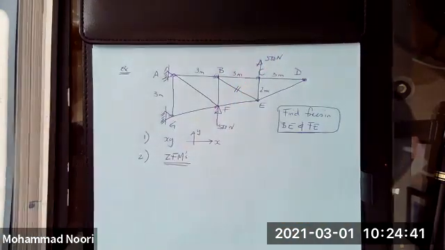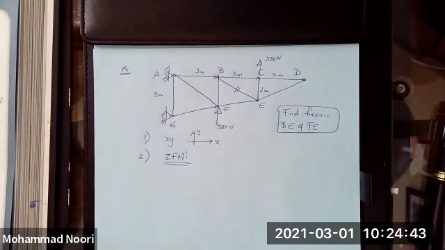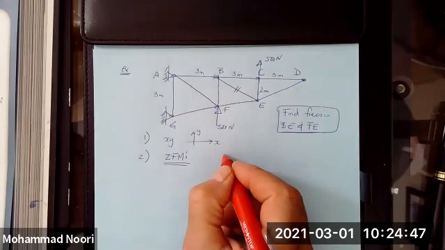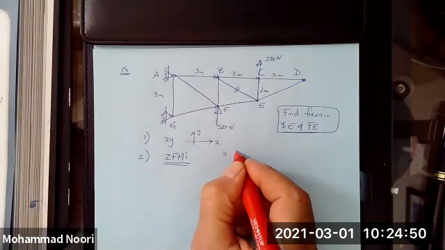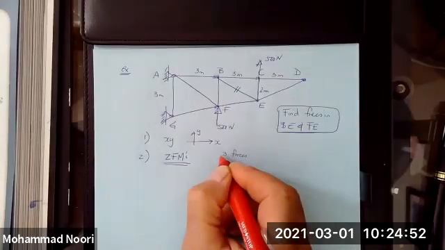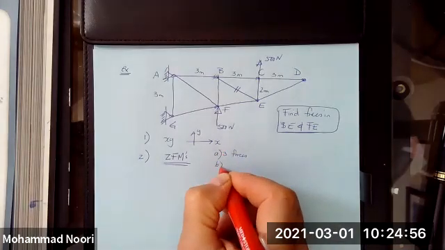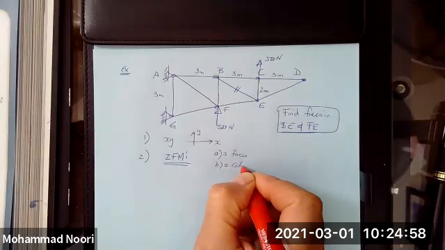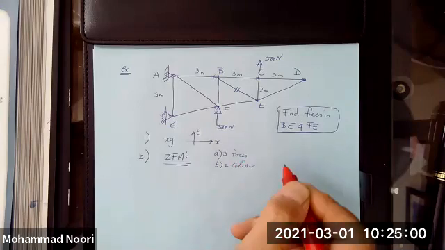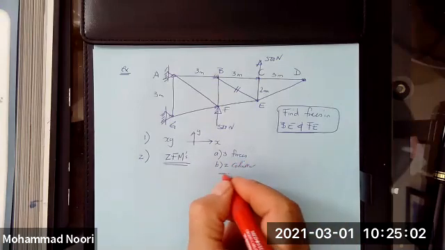Sorry. So C is not the case because I have a load there. First, remember the criteria. Three forces. You look at a joint with three forces, two collinear. The third one is zero, right?